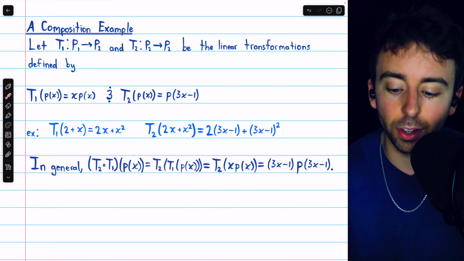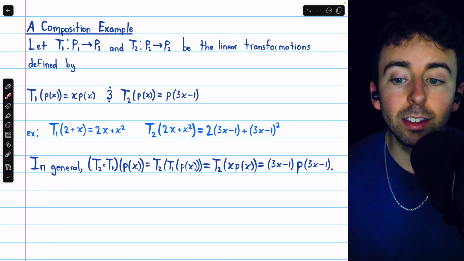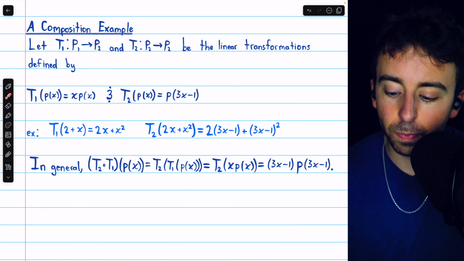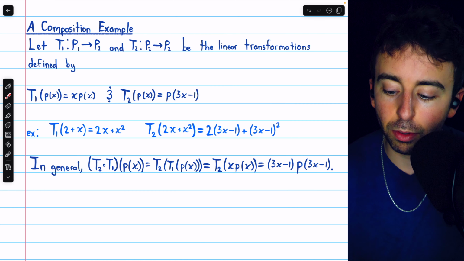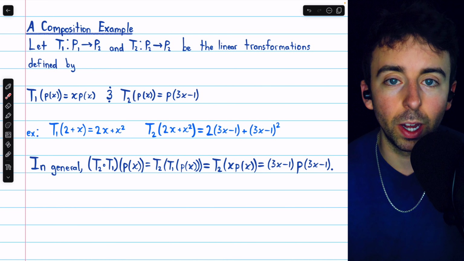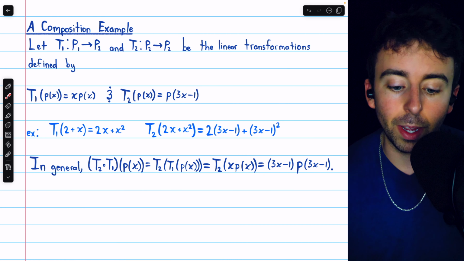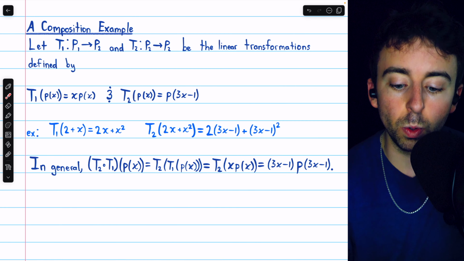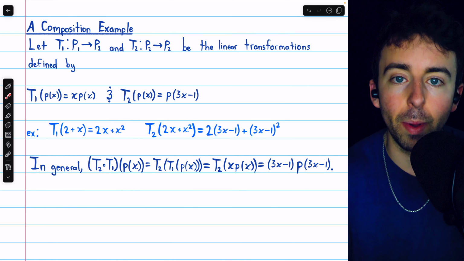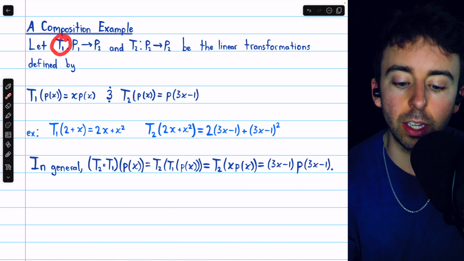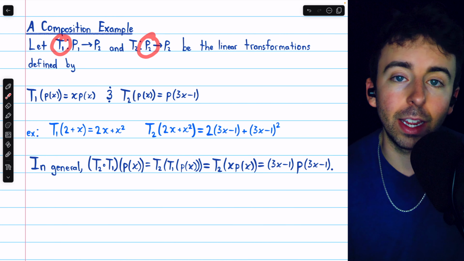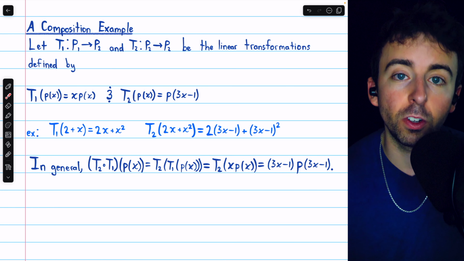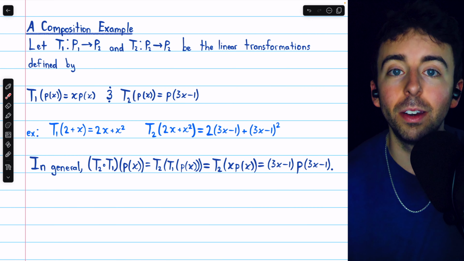What T2 will do is replace each of those x's with 3x minus 1. And so the final image under the composition is (3x minus 1) times p of (3x minus 1). Note that the only reason this composition makes sense is that T1 takes us to P2, and T2 starts in P2. That's the domain. So the range of T1 is contained in the domain of T2, and so this composition of T2 with T1 makes sense.